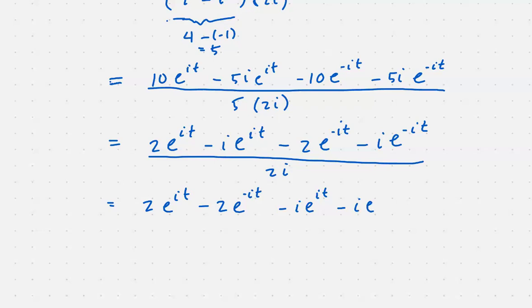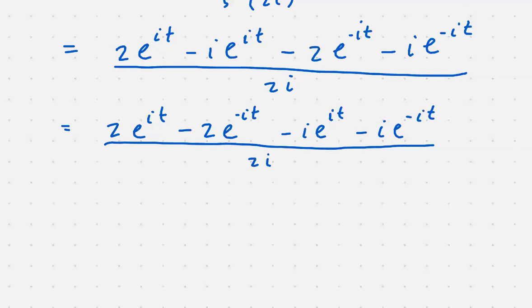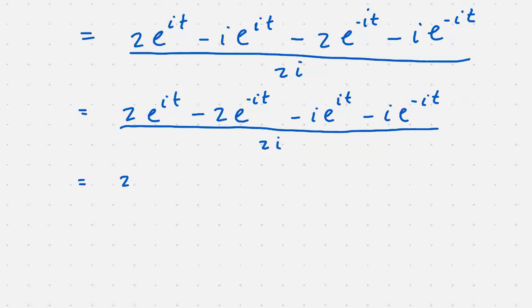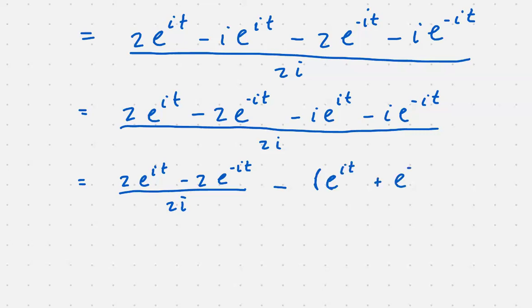Now, looking at this, we can separate the numerator. So we're going to have 2 e raised to it minus 2 e raised to negative it divided by 2i. And then we subtract. So since both of these have negatives, we can just factor out the negative. And this is going to be e raised to it plus e raised to negative it all over 2i.